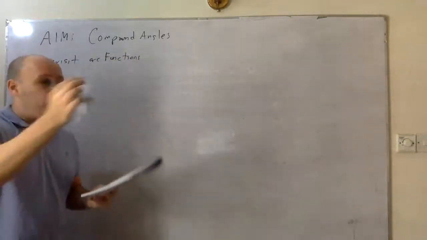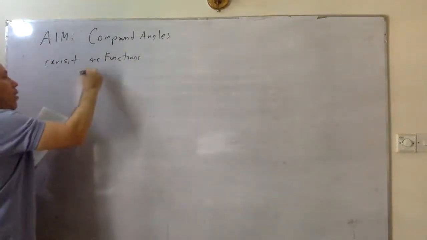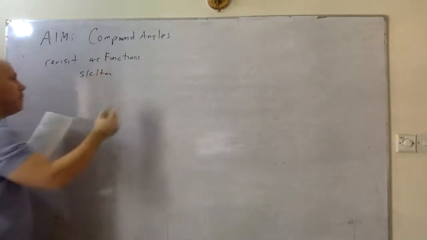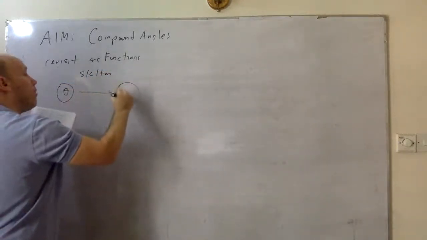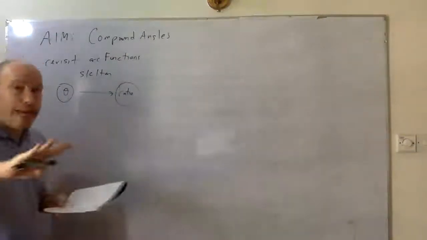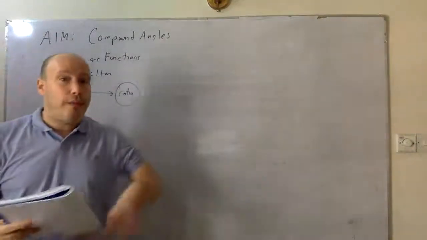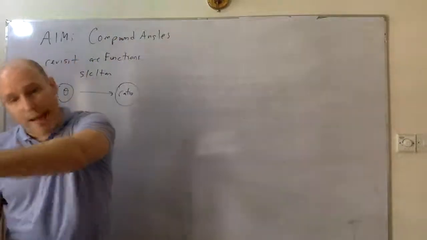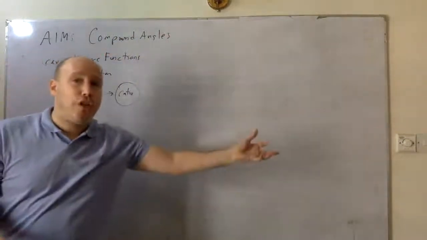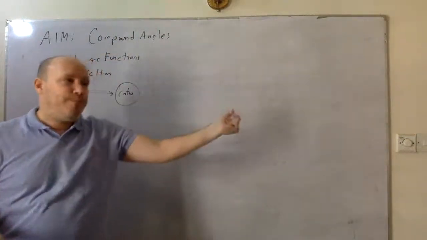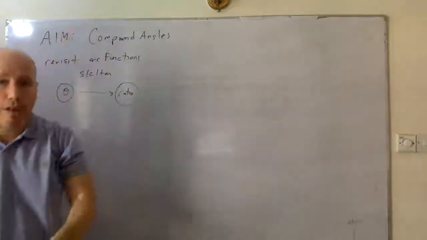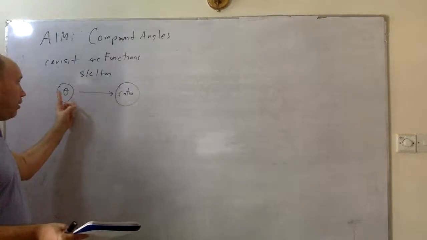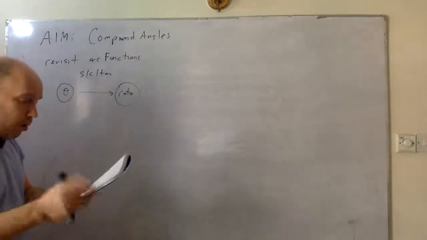Well, for trigonometry, for sine, cosine, and tangent, we're mapping an angle to a ratio. That's all we're doing. The sine of 45 is radical 2 over 2. The tangent of 30 is 1 over radical 3. So once again, angle goes to ratio.